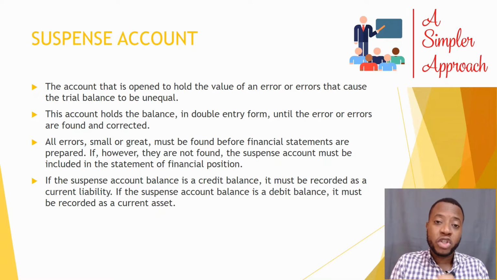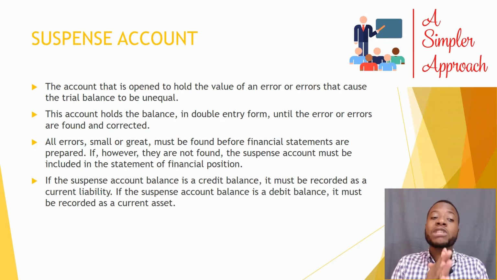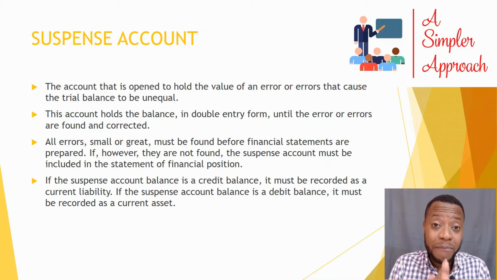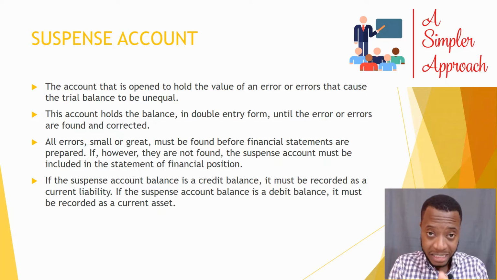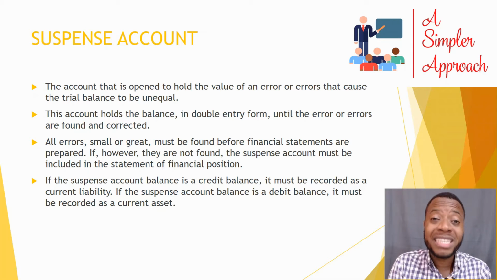If the suspense account has a credit balance, then it must be placed in the balance sheet and is recorded as a current liability. If the balance is on the debit side, then in the statement of financial position, it is recorded as a current asset.